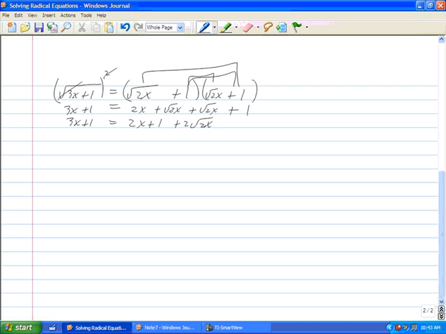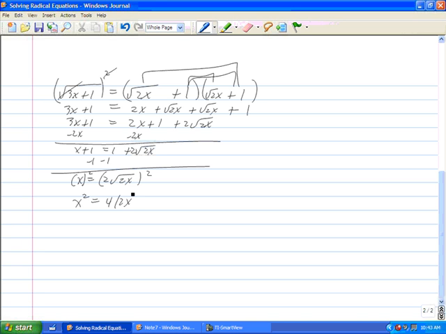Bringing things to the other side to isolate the root again. Subtracting the 1. And squaring both sides one more time gives me x squared equals 8x.